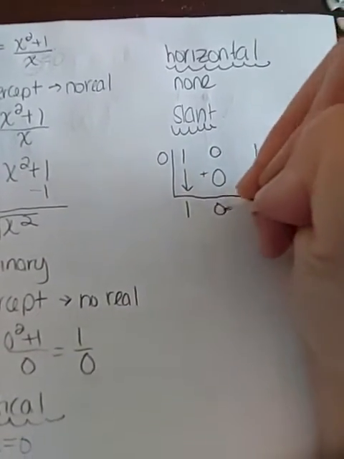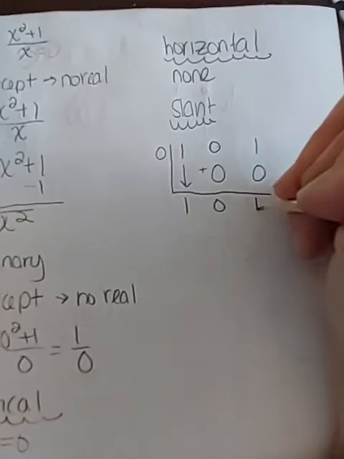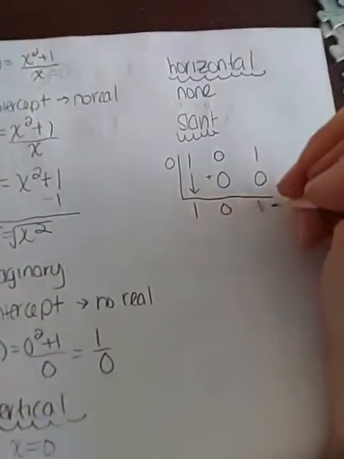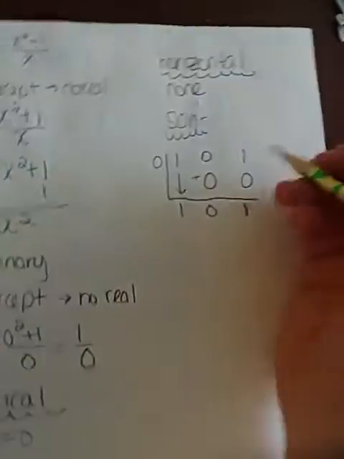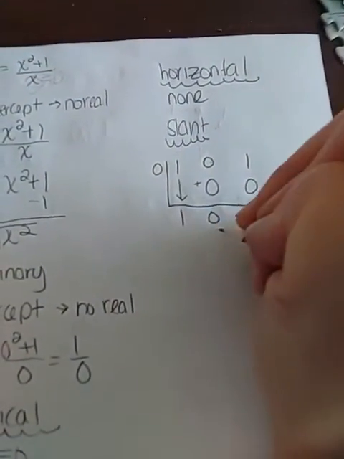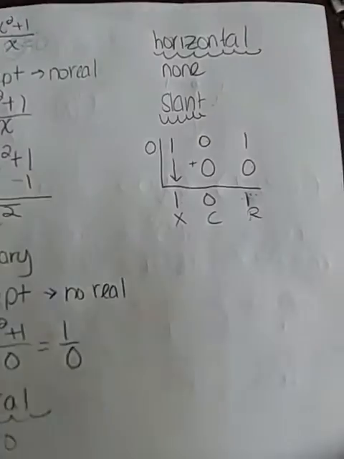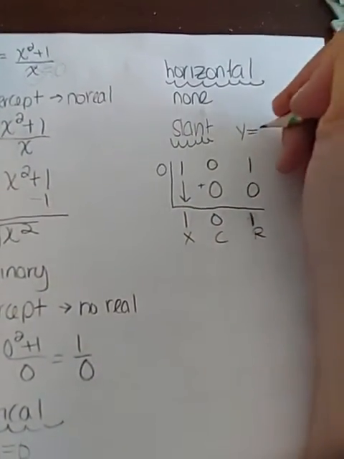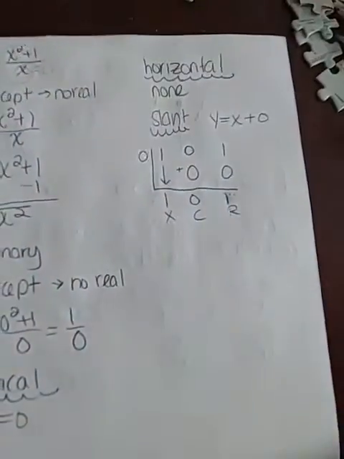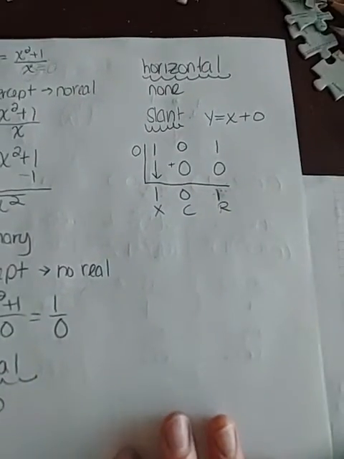Add. 0 times 0 is 0. Add. Oops. Okay, so this is my remainder. This is my constant. This is my x term. So my slant asymptote is y equals x plus 0, or just y equals x.